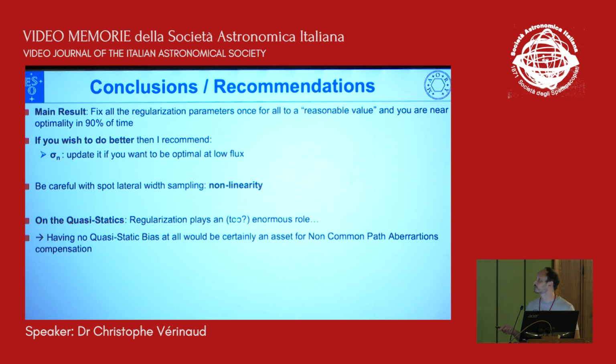And also, I don't know what to do with this problem of the quasi-static aberrations, where we need a lot of regularization to compensate it. Having no quasi-static bias would certainly be an asset for non-common path aberrations compensation that we have not yet analyzed as a problem, but we would feel more confident with it.